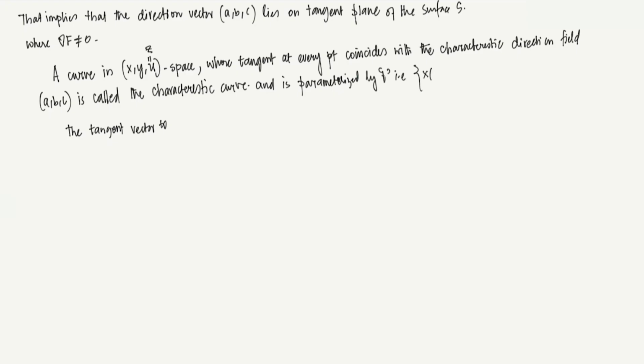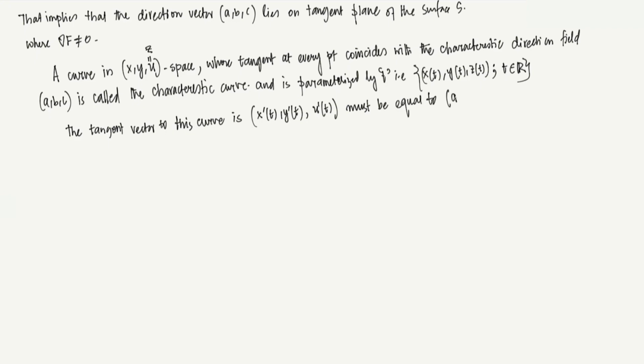That is how you write it: x of t, y of t, z of t, and t is in R. Now the tangent vector to this curve C is given by x prime of t, y prime of t, and u prime of t. Of course, u is a function of x and y, and this must be equal to A, B, and C. Clear? So therefore, we end up with a system of ODE.